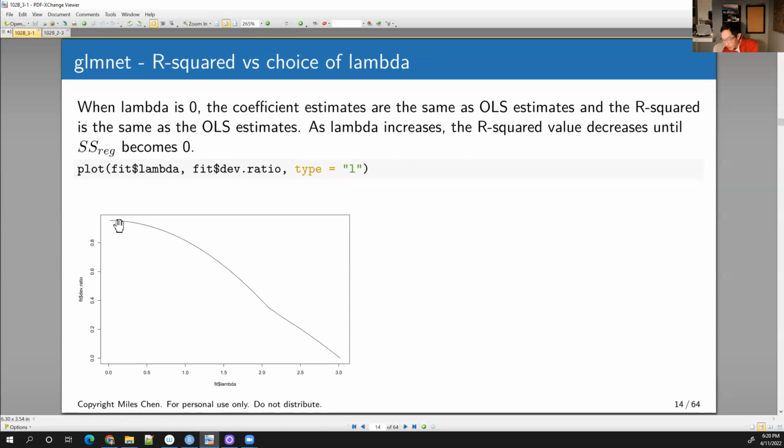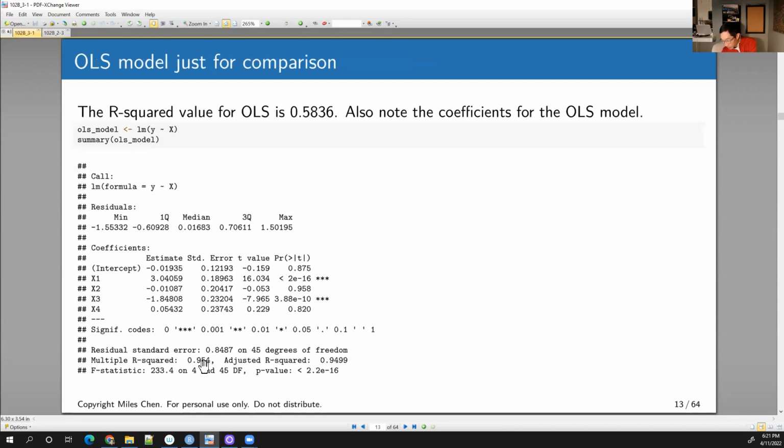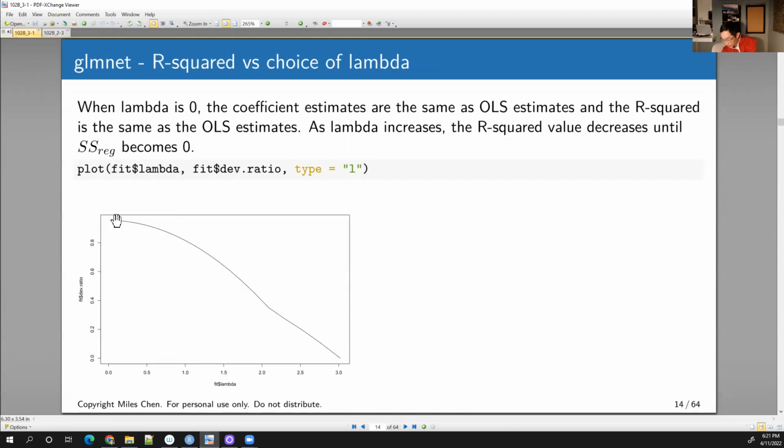how much we're able to explain. So the deviation ratio at 0, when lambda equals 0, we got 95.4%, 0.954, which is this multiple R squared here. And as lambda increases, the amount we can explain drops, and there's this tiny little bump here, okay?